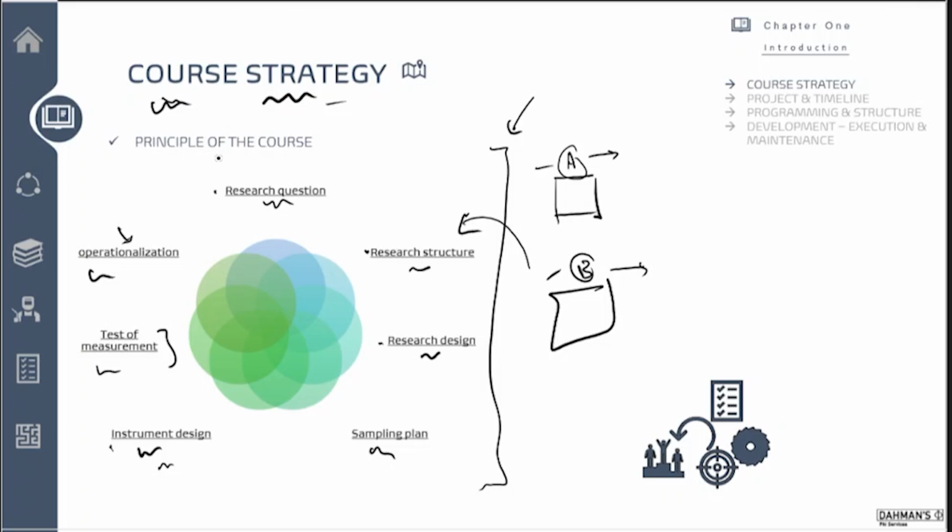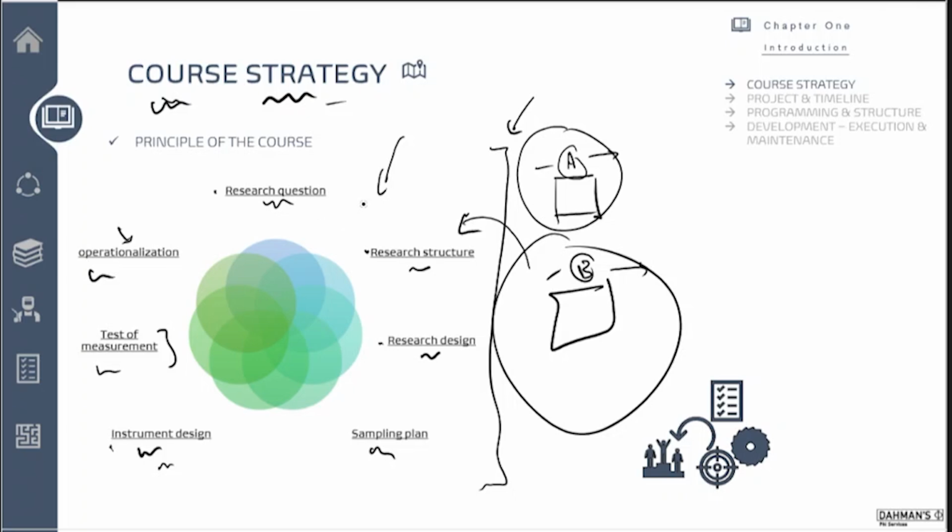Actually, it is absolutely related, because in my opinion, if you understand those steps one by one and establish them in the right way, whatever outcome or product you are trying to design will be completely right and valuable. That's why I have chosen this diagram to be my core principle.